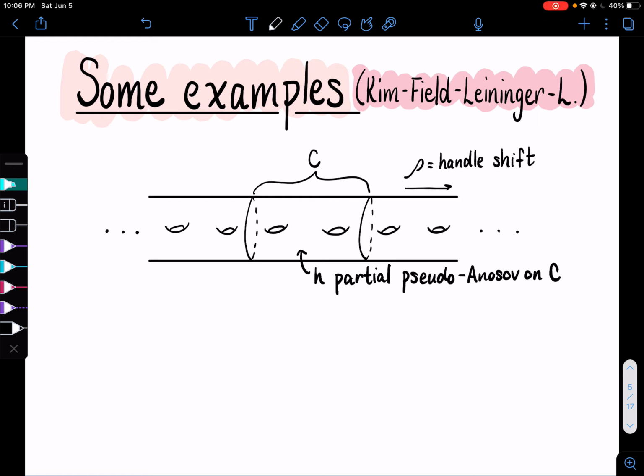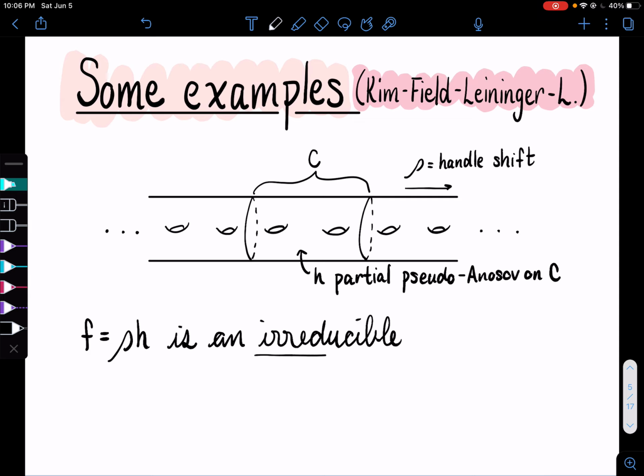Okay, and what we show is that the composition F equal to rho H is an irreducible and periodic homeomorphism. So that's key.